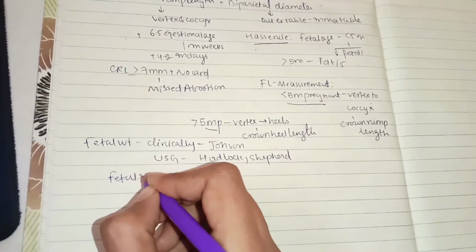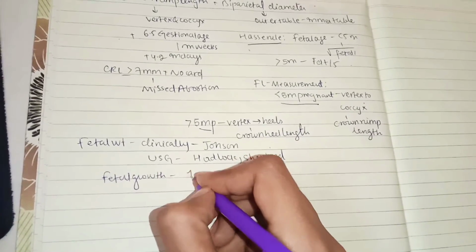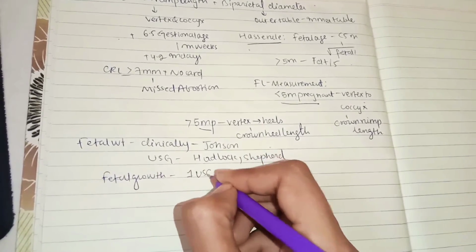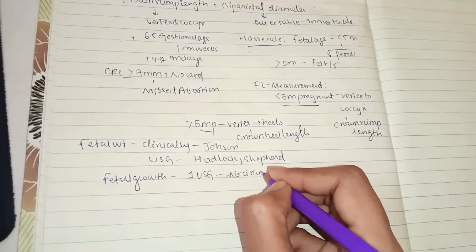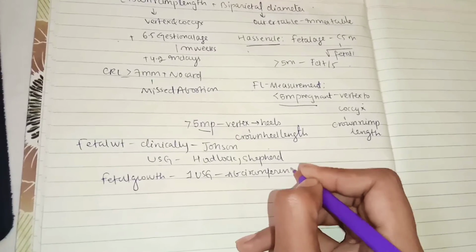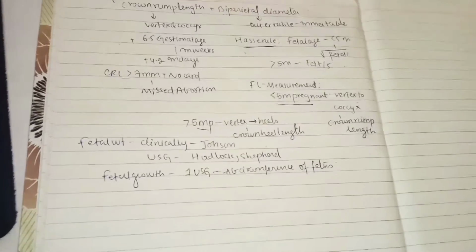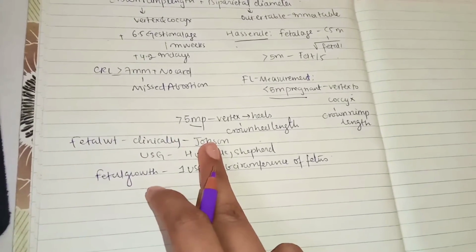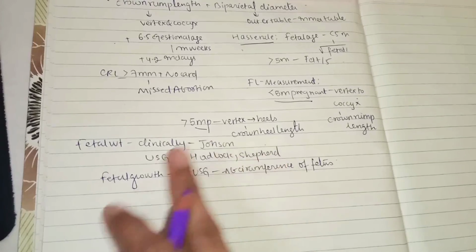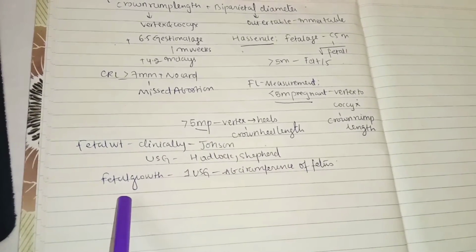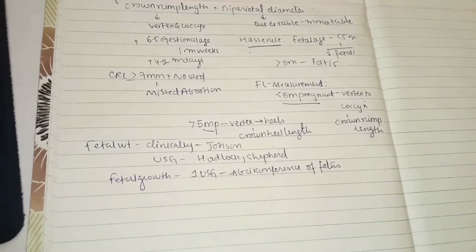To determine the fetal growth, you use only one ultrasonographic parameter, that is the abdominal circumference of the fetus. So if you want to see the fetal weight, clinically use Johnson. For ultrasonography, you can use Hadlock or Shepherd formula. And if you want to know the fetal growth, by USG you can use the abdominal circumference of the fetus.